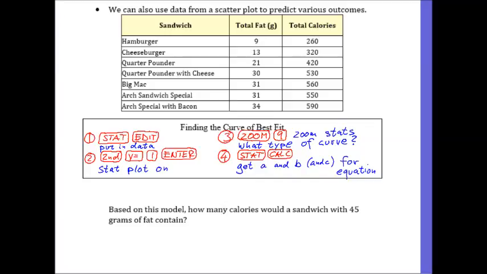And remember, we have the table with the total fat in grams and the total calories. The fat are our x values, the calories are our y values. In other words, the calories move with the fat, and we want to find out how are they connected, what's the relationship between the fat and the calories.